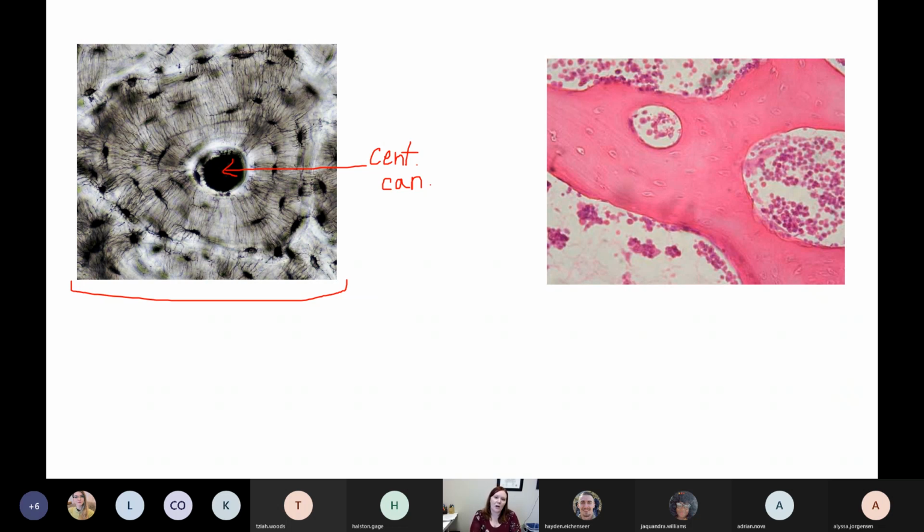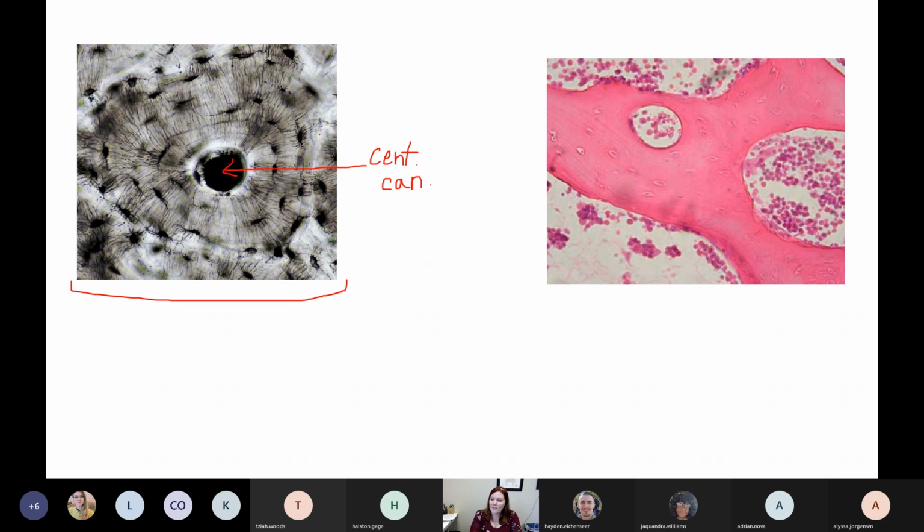A central canal, when you're looking at a slide, is the part of the slide where there used to be blood vessels. So there used to be an open space here in this area called the central canal. Now that we've prepared a slide, the blood vessels are gone and we just kind of have this dark open space. So the central canal, all of those big dots that you see on compact bone.